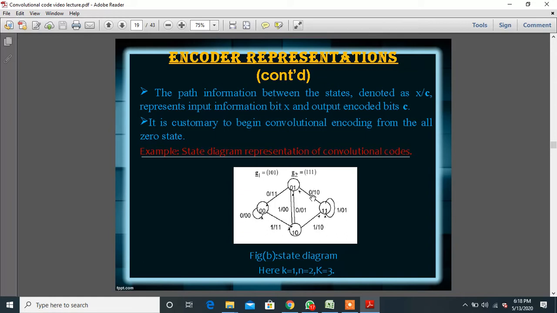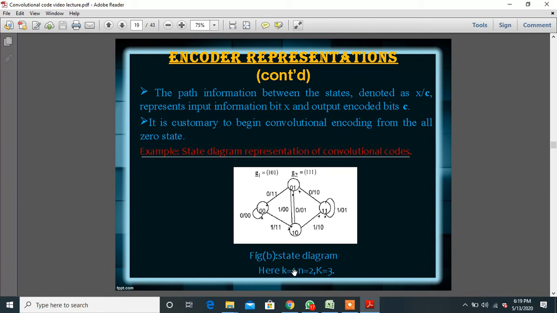It is mentioned over here, depending on whether 0 or 1 is coming as the next state. These paths show the transition when input bit 0 enters or input bit 1 enters, and depending on that, the output condition is shown over here. So each circle will have input and output paths depending on the next state. So this is the state diagram.